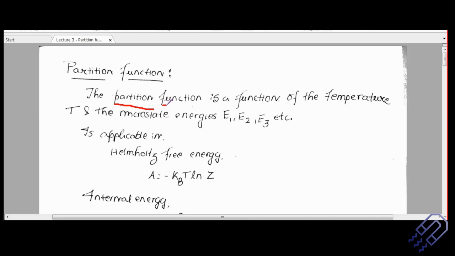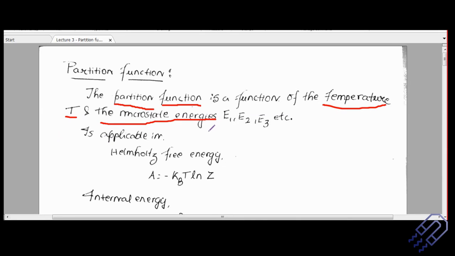Statistical mechanics is closely related to thermodynamics, which means temperature plays a very important role.